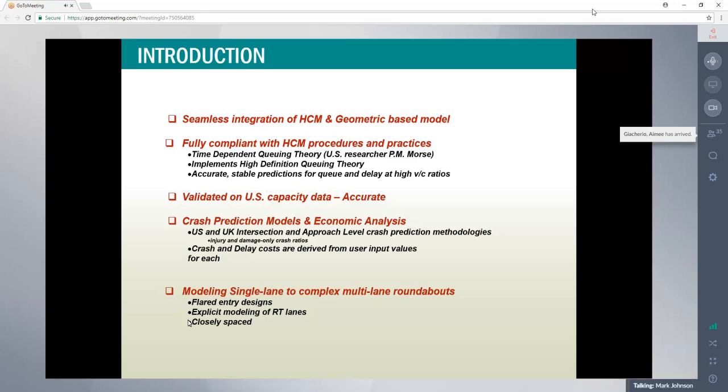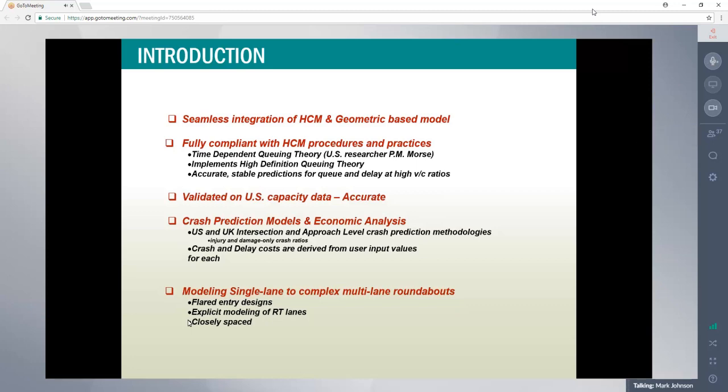We're going to spend a fair bit of time looking at US capacity data as compared to Rodel's predictions. Rodel includes crash prediction models, both US and UK crash prediction models, which enables the ability to both predict crashes, injuries, and PDOs, and then develop economic analysis from those user costs to include delay user costs as well as the costs associated with the crashes.